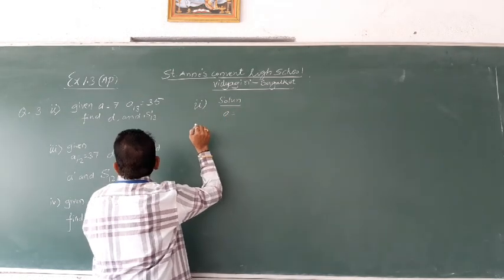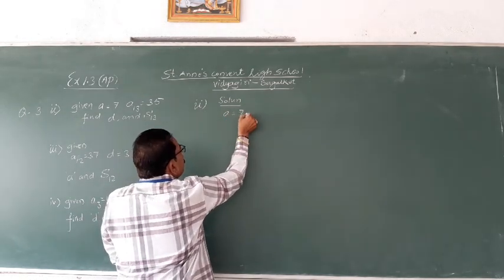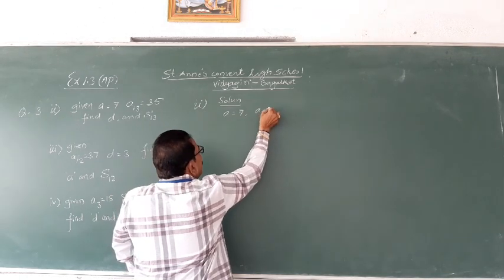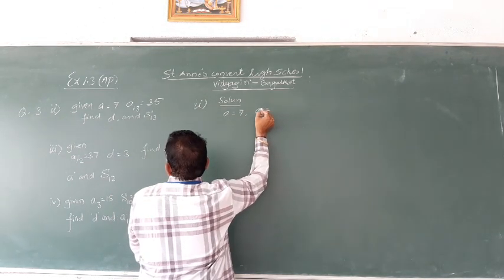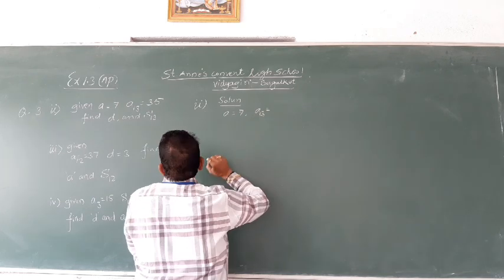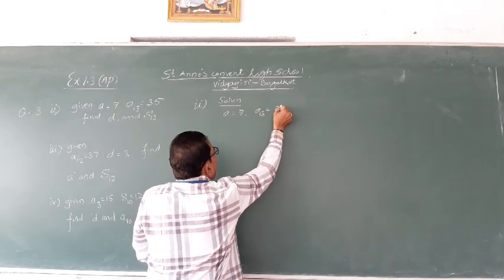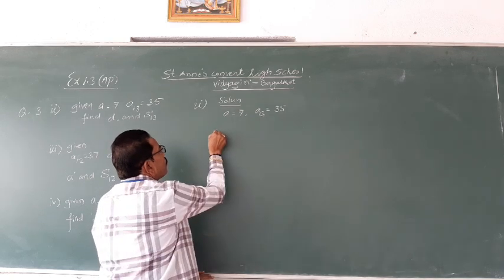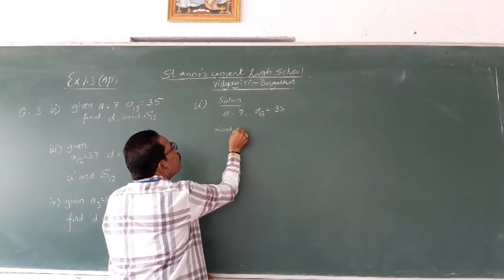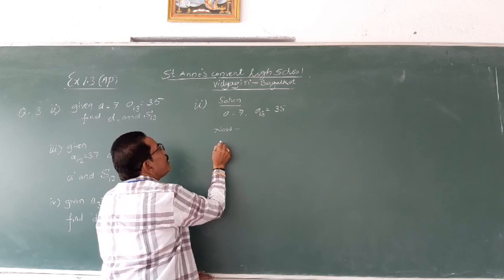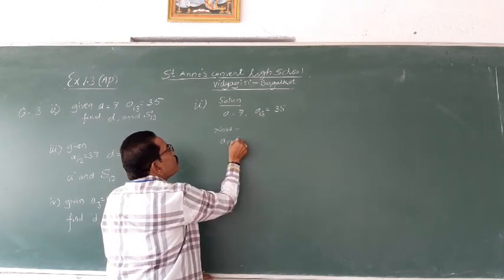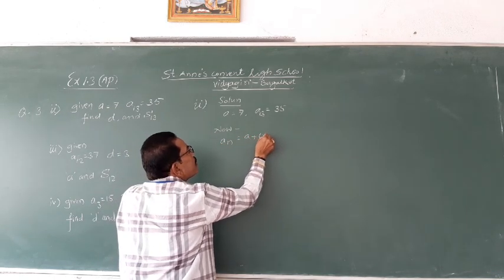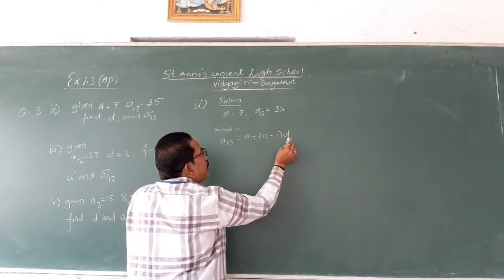a equals 7, a13 equals 35. Now, an equals a plus n minus 1 into d.